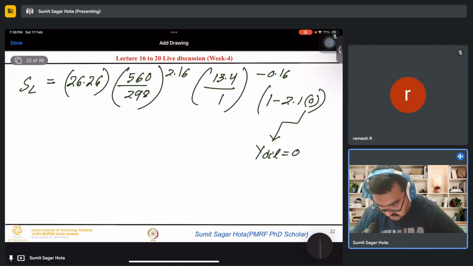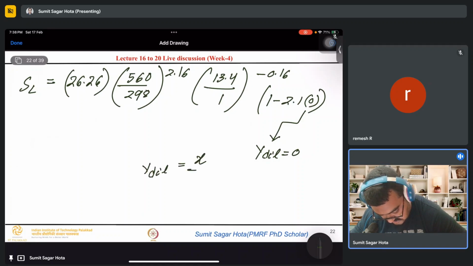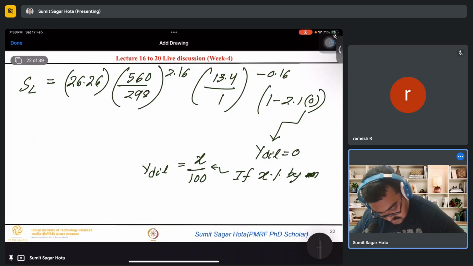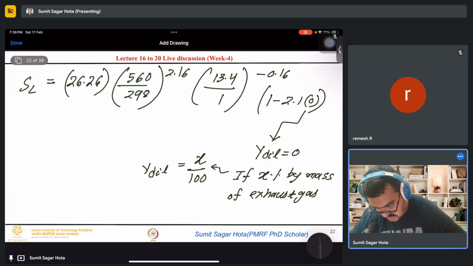What is Y dilation? We have to first of all know. Y dilation is equal to x by 100, if x percent by mass of exhaust gas recirculation.